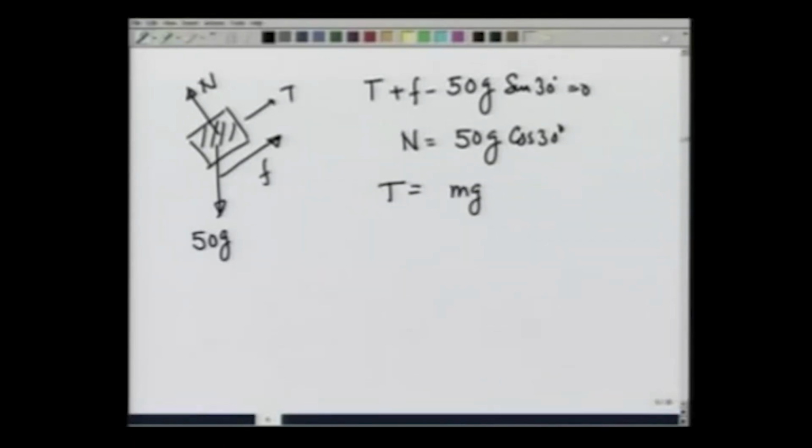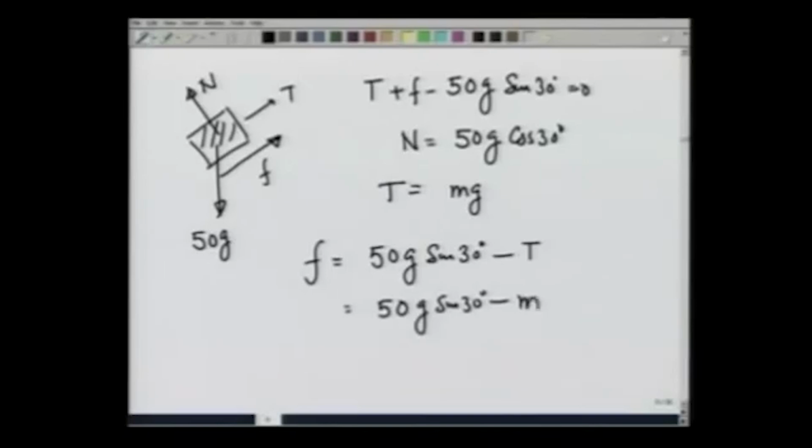Putting it all together gives me F is equal to 50 g sin 30 degrees minus T, or 50 g sin 30 degrees minus mg.